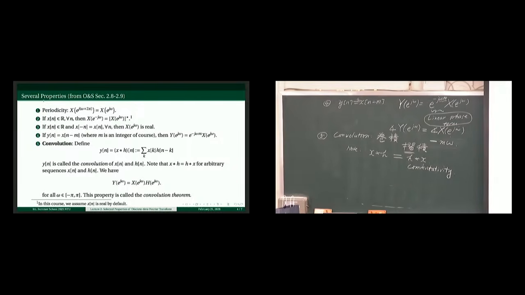All right, so how do we prove that if y of n is x convolved with h, then also in fact only if then the spectrum of y is, put a question mark here, the product?